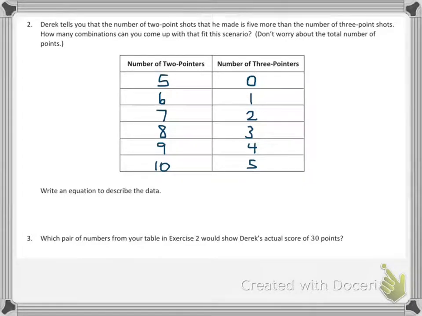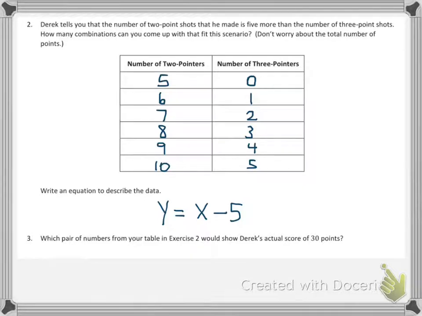So what would the equation be for this one? Well, we can say that the number of 3-point baskets, y, is equal to the number of 2-point baskets, x, minus 5. And that equation would show that no matter what x is, y is going to be 5 less than that. And that's true of all of our points in our table.